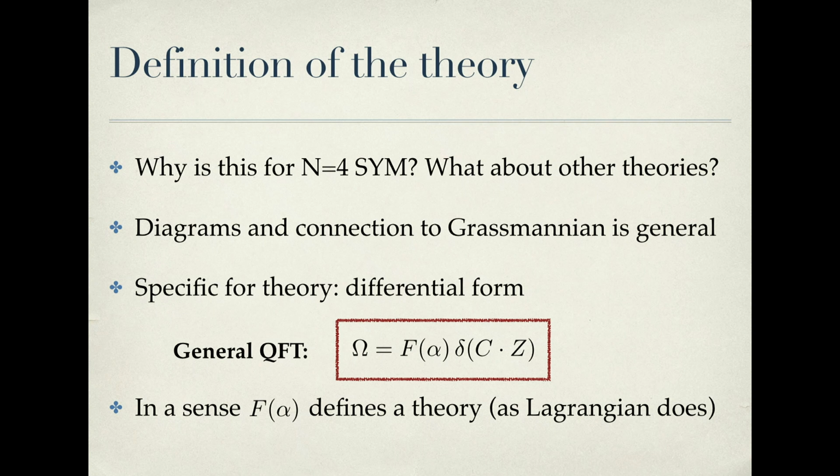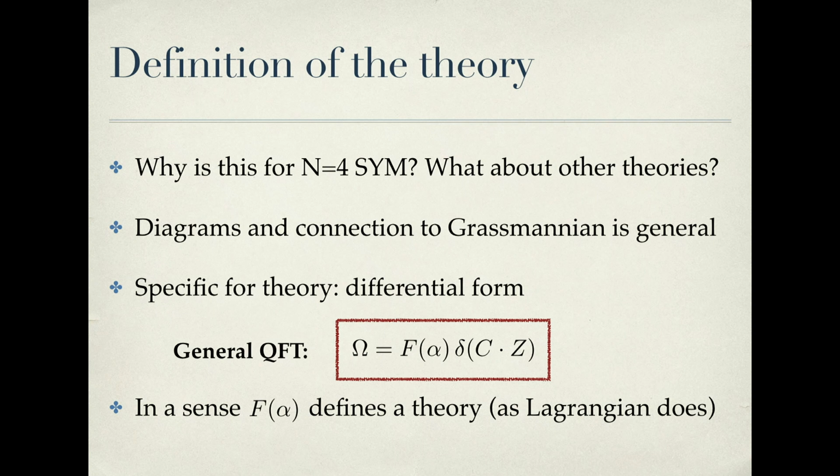So there are kind of two steps, because I said that these diagrams we can calculate from physics in any theory. We don't know how to get amplitudes from them yet in any theory. Now, if we go farther to this mathematical formulation, there exists some form in any theory, but we don't know it in all theories.